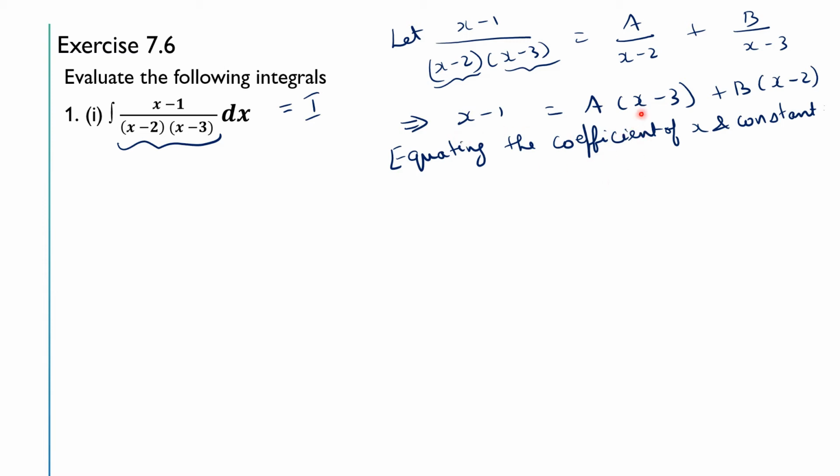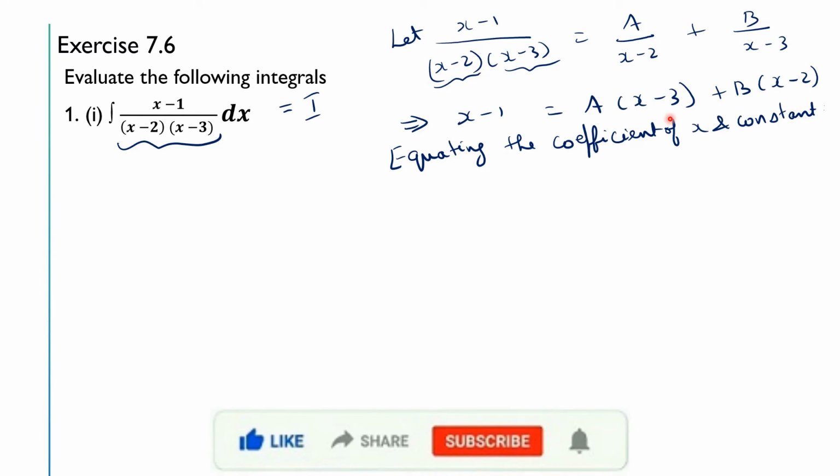Here we can see that the coefficient of x is a plus b. So 1 will be equal to a plus b. Then here the constant term is minus 1. That will be equal to, here the constant term is minus 3a and minus 2b. So minus 1 will be equal to minus 3a minus 2b.